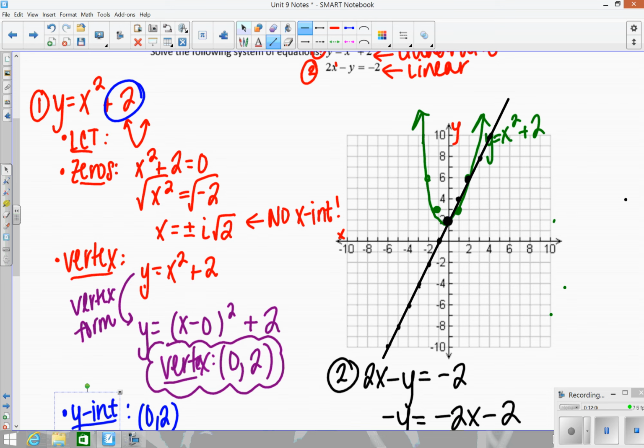And you should be seeing that your line is actually crossing your parabola in exactly 2 places. So here's my equation, my line.